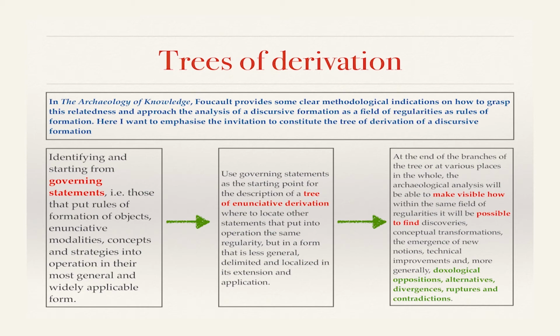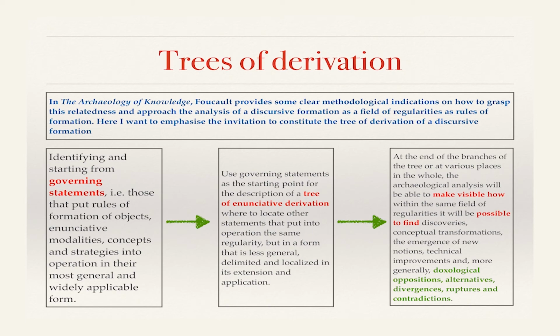located at a higher level of abstraction or generality, to say it better. Which means there are some statements within an enunciative field that put some rules of transformation, some modality of existence, at a more general level than others. These statements are rare, because Foucault looks for laws of rarity within the dispersion, heterogeneity, and plurality of discourse.